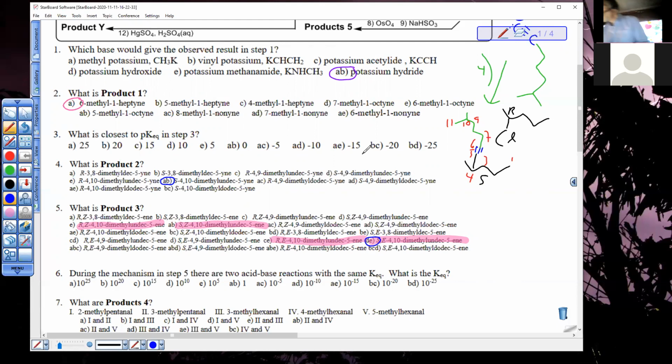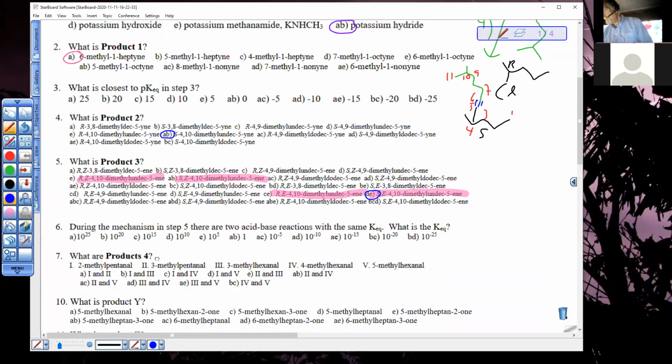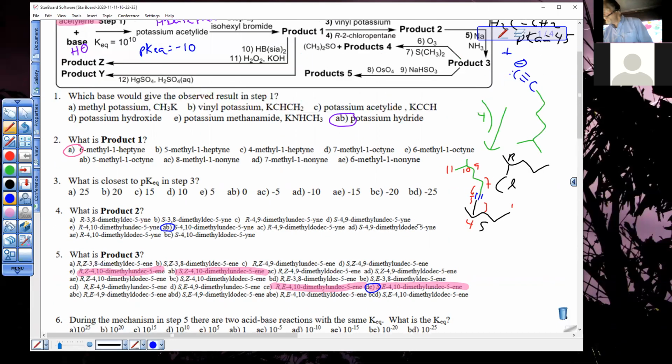Okay. And then we're asked, during the mechanism in step 5, there are 2 acid-base reactions with the same KEQ. What is the KEQ? Wow. Step 5 is the sodium and ammonia reduction. And I'll just remind you, we don't have to know the specifics of what the molecule looks like. One of the acid-base steps is that one, and the other one is later in the mechanism, this one.